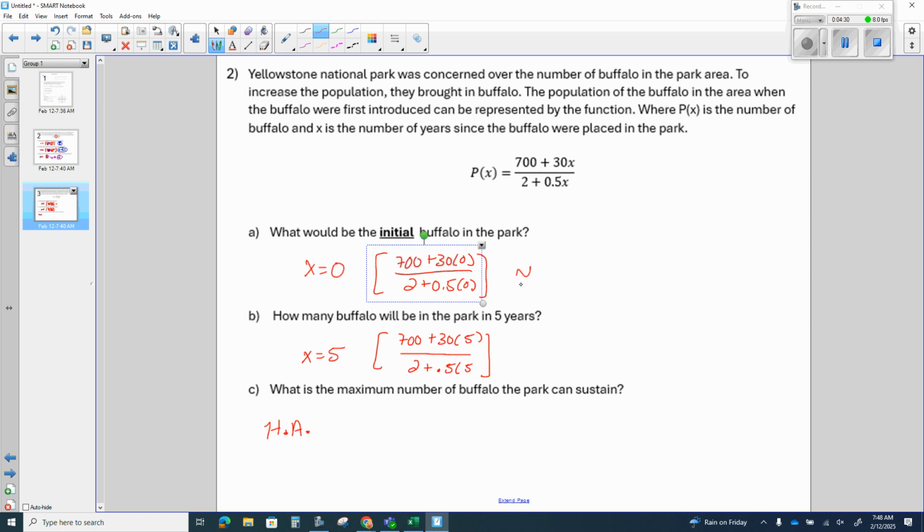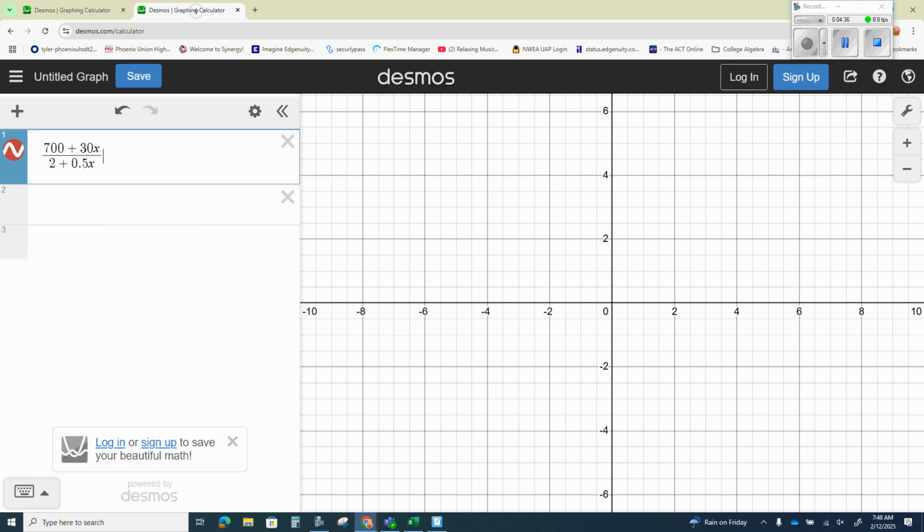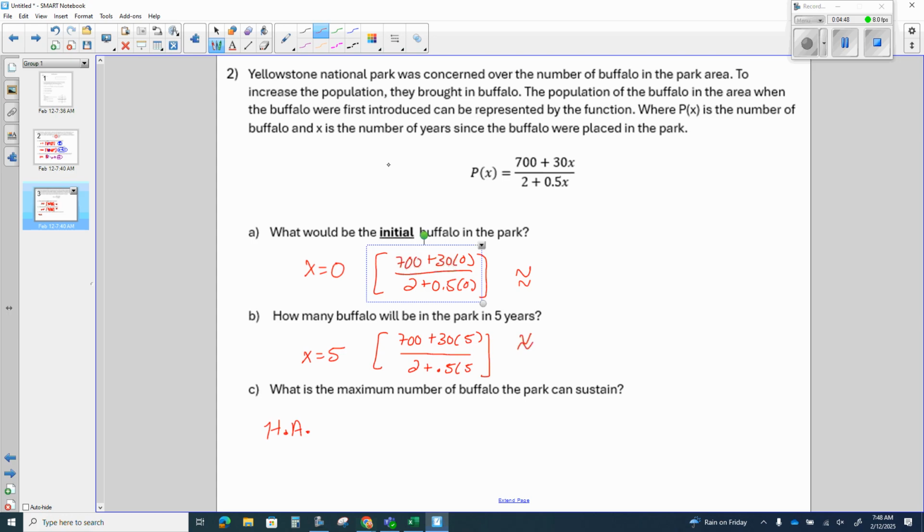So let's jump over to Desmos now. Here's the equation. Again, make sure you put parentheses around whatever you replace. So the initial value is 350. So we initially had 350 buffalo.